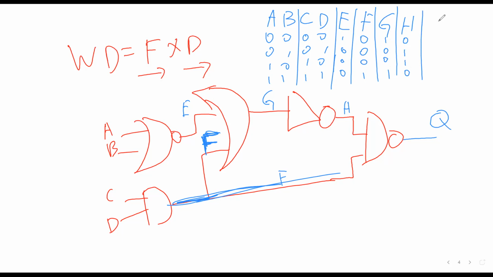Then after that, finally you want to get your Q, right? Your Q is basically H and F, so you see, AND gate. By right, I make it a Q prime first, so it's an AND gate. 0 0 0 0, so the Q prime is 1 1 1. Oh, I'm looking at the wrong one.